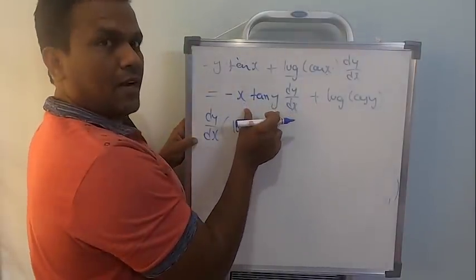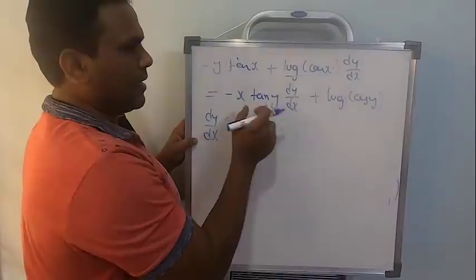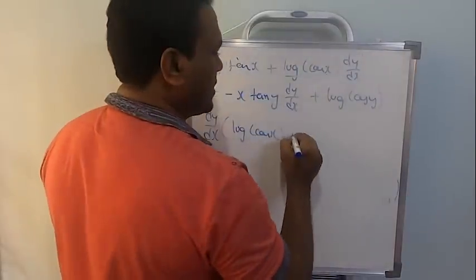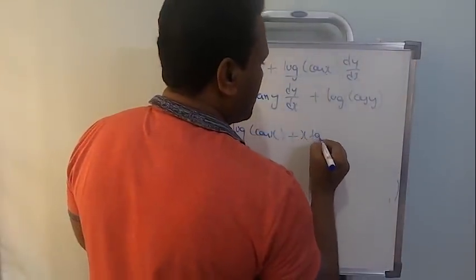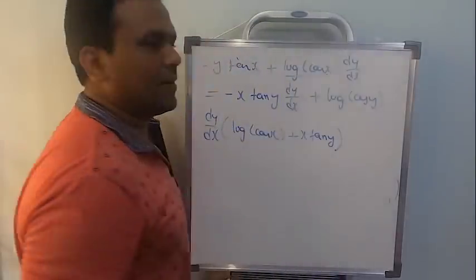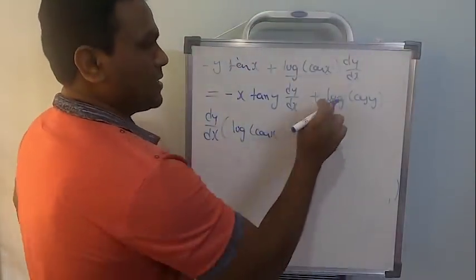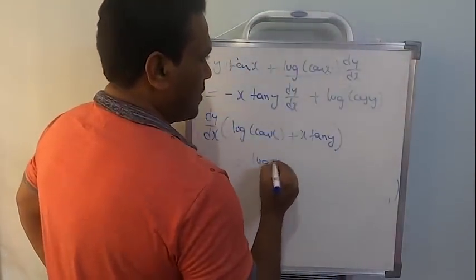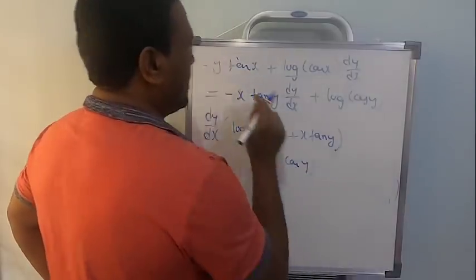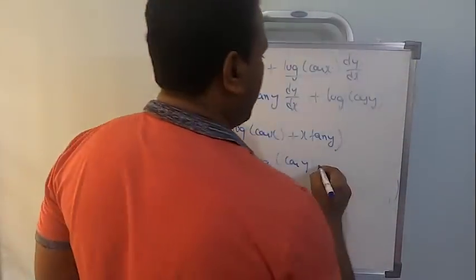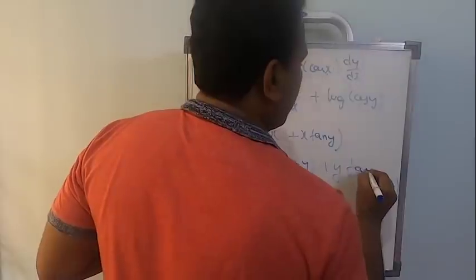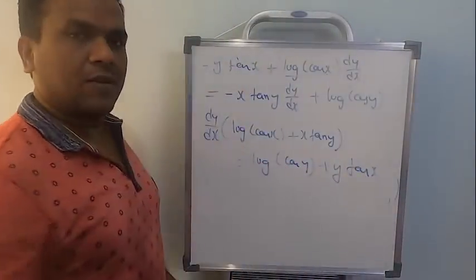Remember, this is shifted and then common will be taken. When I am shifting, this minus will become plus x multiplied by tan y. And the term already present on the right side is log of cos y. Now you are shifting this, so this will be plus y into tan x.